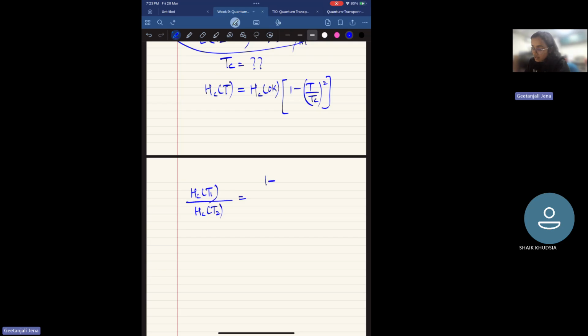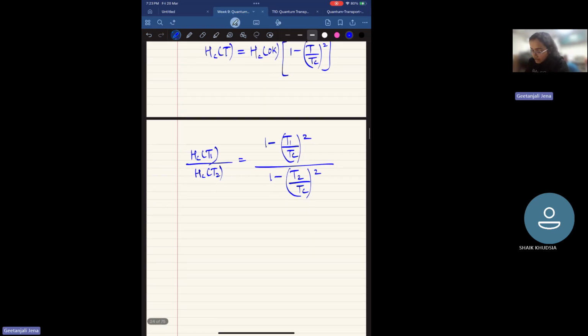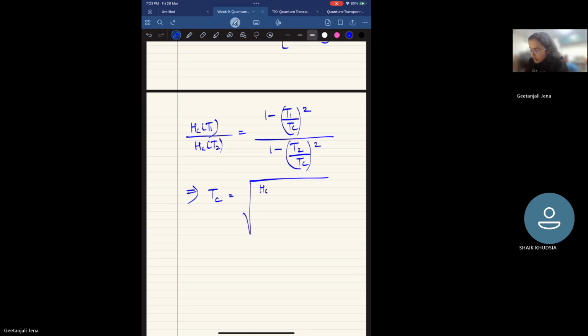This will be (1 minus T1 by Tc) whole squared over (1 minus T2 by Tc) whole squared. If you rearrange this, we need to find Tc. So Tc is the square root of (T2 square minus T1 square) divided by (square root of Hc(T1) by Hc(T2)) minus 1.